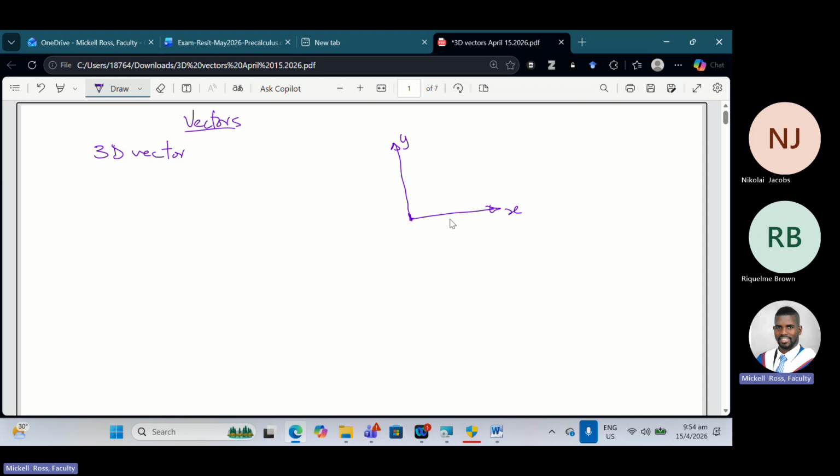The x and the y axis, and in the direction of x you have i, and in the direction of y you have j. But there is also k, right? So there's also k. And then normally, for the purpose of representation in a book, you'll see them represented like what you see on screen there. And that is how you would normally see a 3D vector being represented.